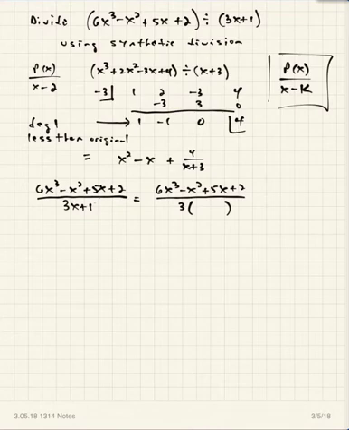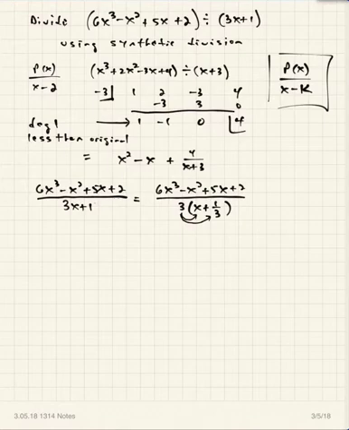Now, notice the 3 is a factor in the 3x, but it's not a factor in the 1, so that means you've got a fraction here. And so this is x plus 1/3, like that. And you can always check this to make sure it's right. 3 times x is 3x, and 3 times 1/3 is 1. And so that's correct.